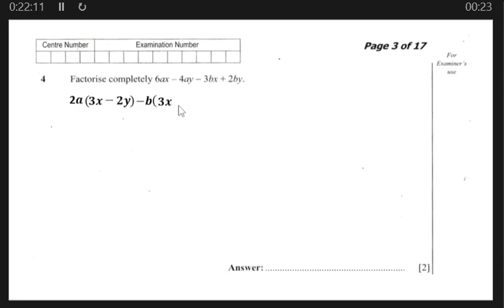So that if we have minus, when we want to get back to this expression, it will be easy, because if we say negative b times 3x, it will be 3bx. Again, if we say negative b times negative 2y, it will be positive, that one.